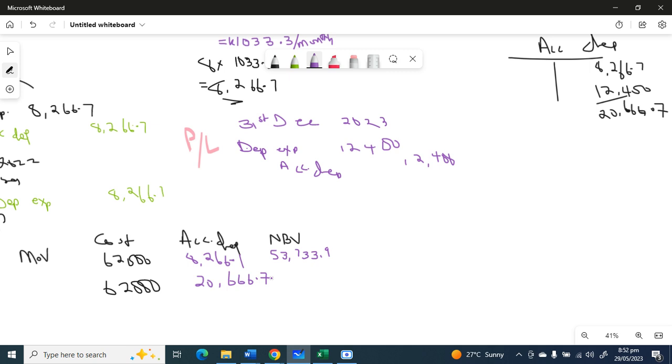So 62,000 minus 20,666.7, we get 41,333.3. This is the net book value, the year 2023, as of 31st December 2023.